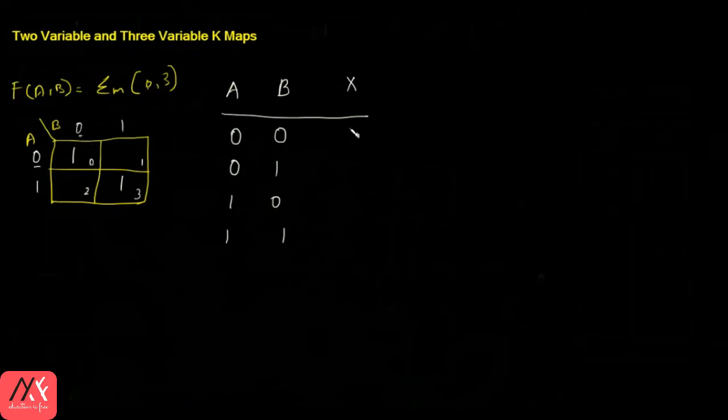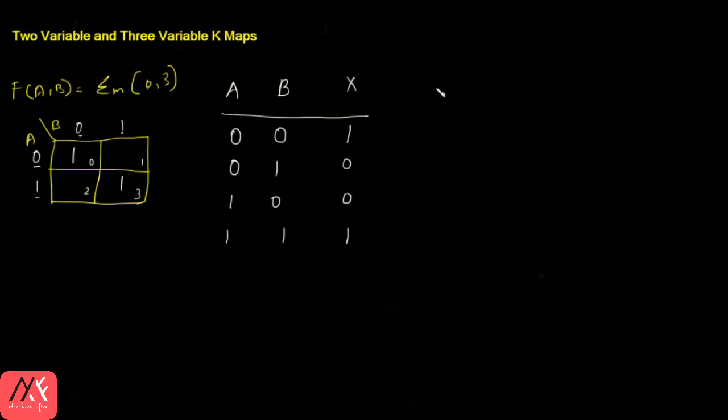You can put X as 1 here, and for 0 1, the position of A and B, there is no value. For 1 0, there is no value. So simply put 0 for that also. The last one you can see 1 for A and 1 for B, right? So in the truth table you can put 1. This is how we can form a truth table using this K-map, because we cannot group it since there are no adjacent ones, right?